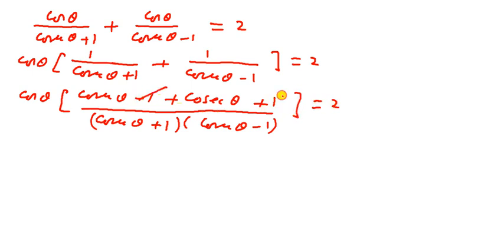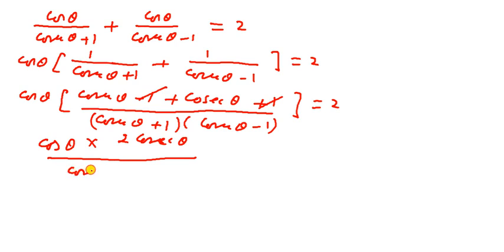So we get here cosec theta minus 1 and plus cosec theta plus 1 is equal to 2. 1 will be cancelled out to each other. Now come to this one. It is cos theta into 2 cosec theta. And here is a plus b and a minus b, so it becomes a square minus b square.